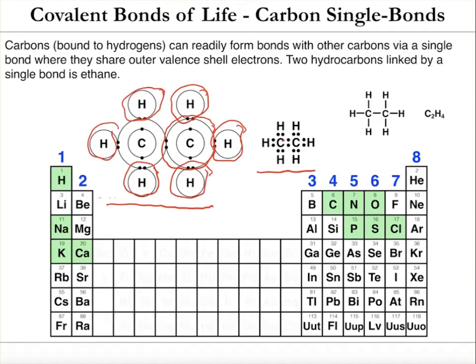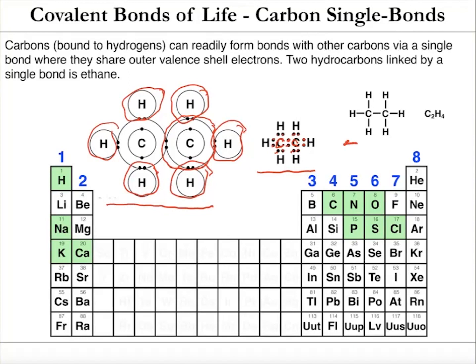So you have a carbon right here, and it's bound to 3 different hydrogens. So that's fulfilling the octet, and another carbon. And so that's fulfilling the octet rule of this carbon and the hydrogens. And then you have another carbon that also has fulfilled its octet rule. You can see there's 8 electrons surrounding these carbon atoms.